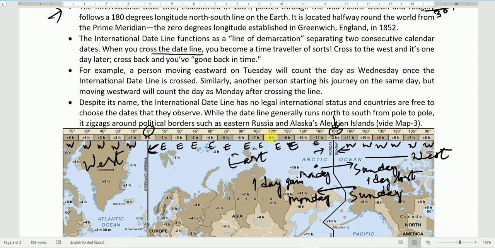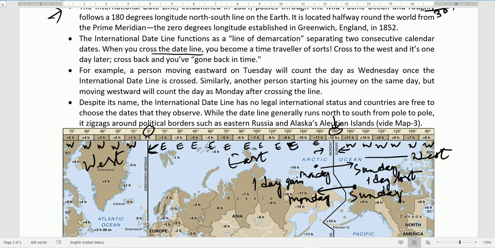So you are enjoying Sunday here. Let us say after half an hour, you are crossing the international dateline towards the east, and suddenly it becomes Monday. That means you are gaining 1 day.